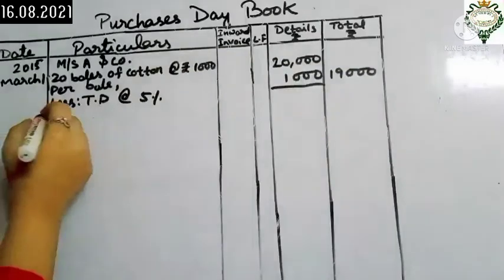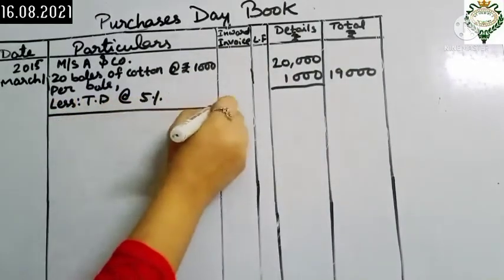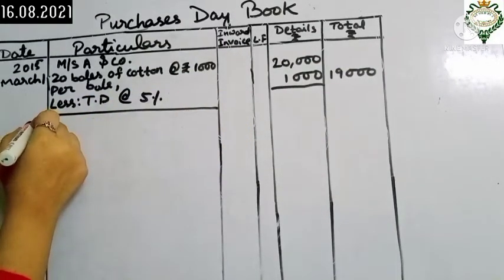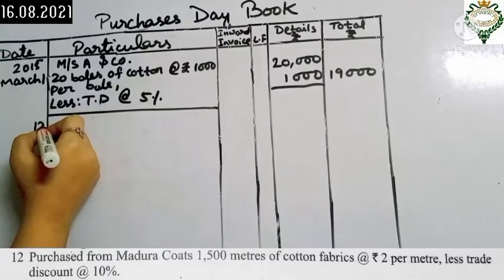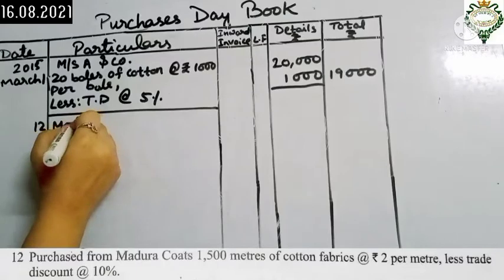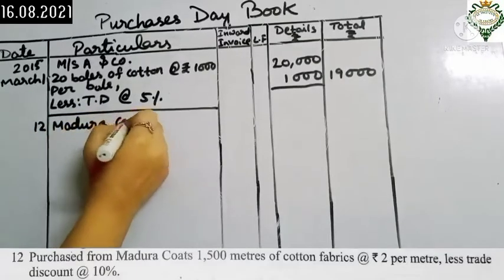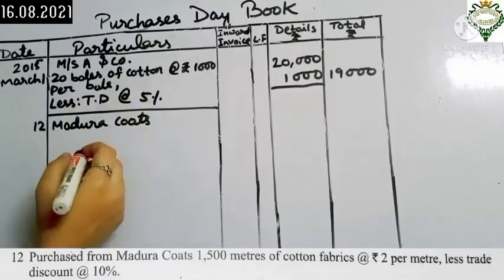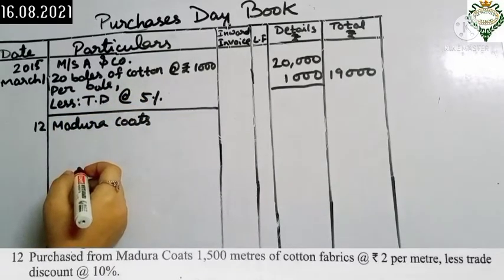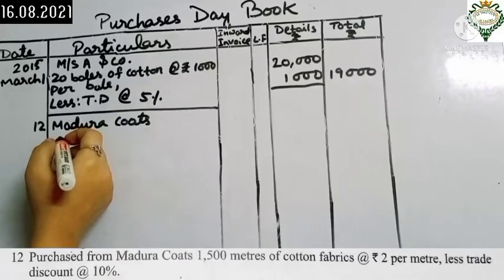Now come to the next transaction that has been done on 12th March. It is saying purchase from Madura Coats, so we have to write here Madura Coats. Then it is saying 1,500 meters of cotton fabrics at ₹2 per meter.